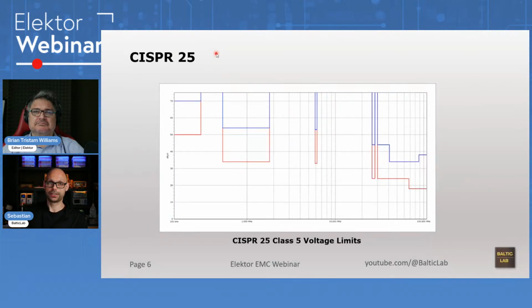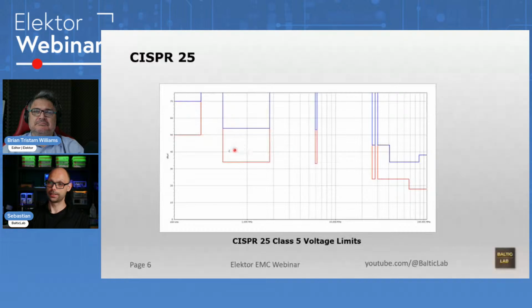Here I have a standard line that's used for the standard limits for the voltage method. If you look at the frequencies, hang on, I got my laser pointer somewhere. Look down here, 150 kilohertz to what might that be, like 400 or 500 kilohertz. This is long wave radio.